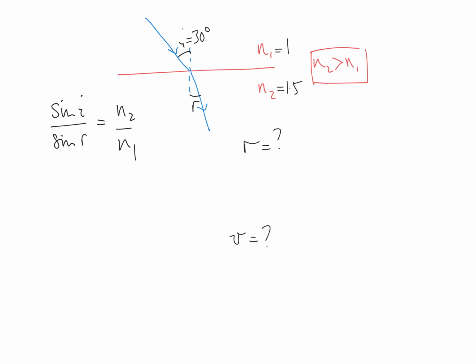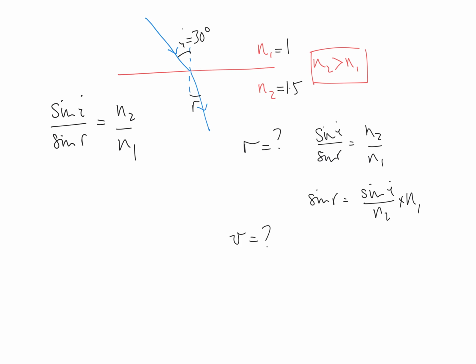So, let's start with sine i over sine r equals n2 over n1. I'm looking for r, so I need to do a bit of rearranging. Sine r is going to be equal to sine i over n2 times n1. I've moved this up to there, this down to there, and moved that up to there.